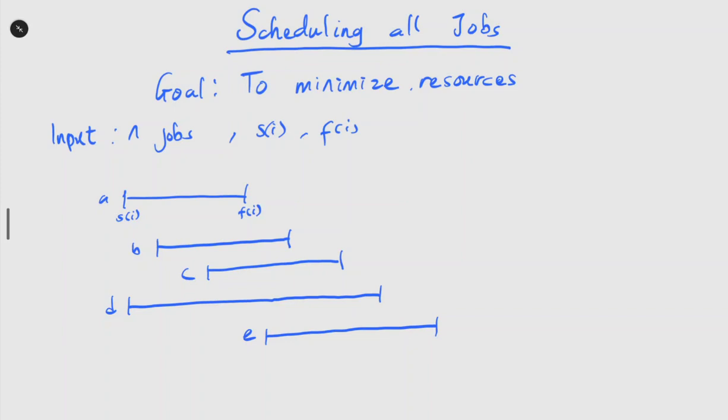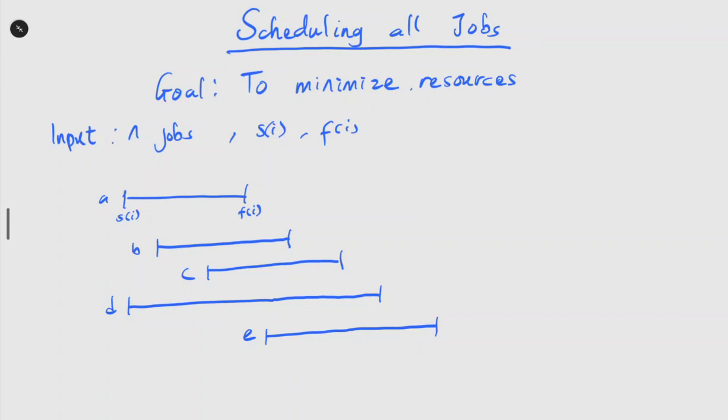So how do we schedule all of these jobs using a minimum number of resources, say processors? I would say you should pause this video for a minute, think about this, and then get back with your idea, of course.